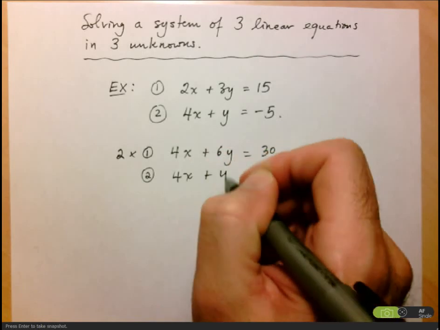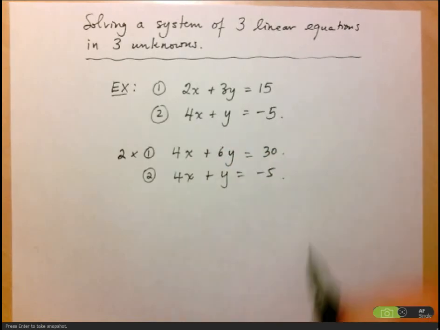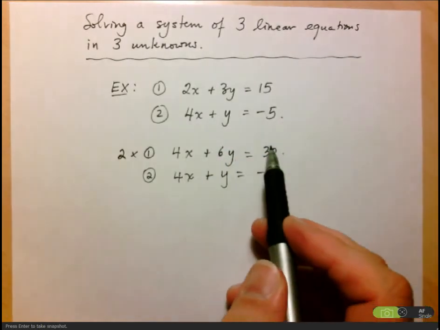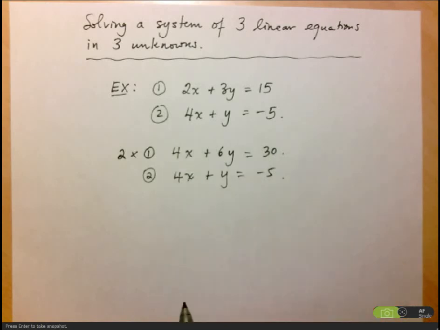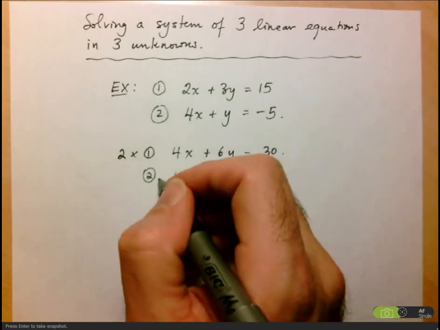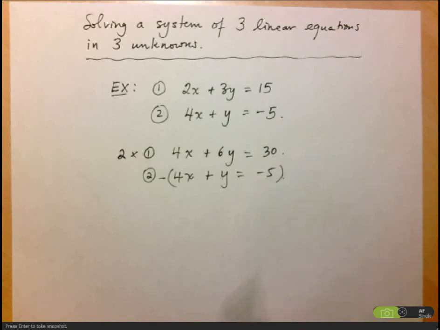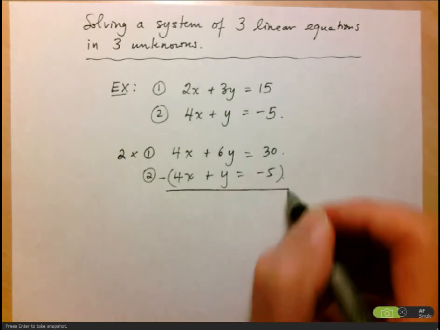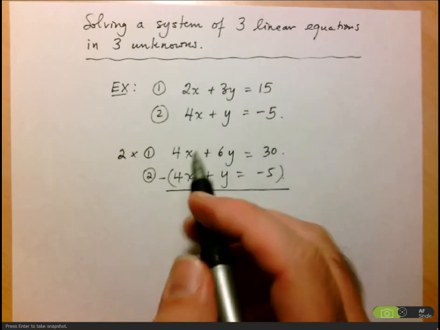4x plus y equals negative 5. Even though I'm working with a new equation, it does not change the solution to the system. Now I'll use elementary operation number 3. I'll subtract these two equations to get a new equation altogether.